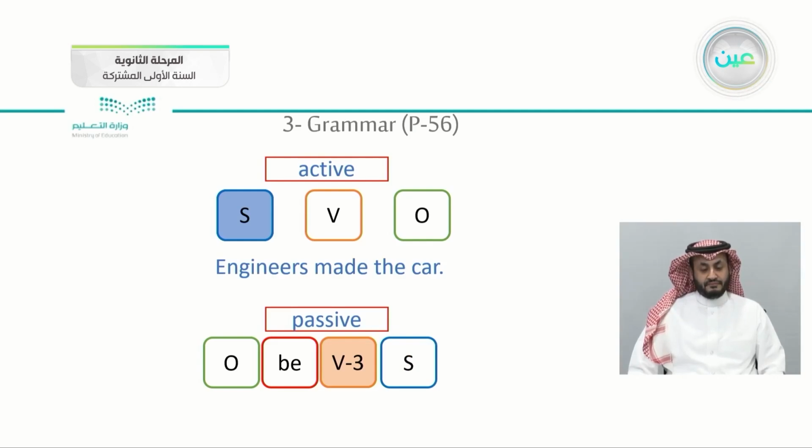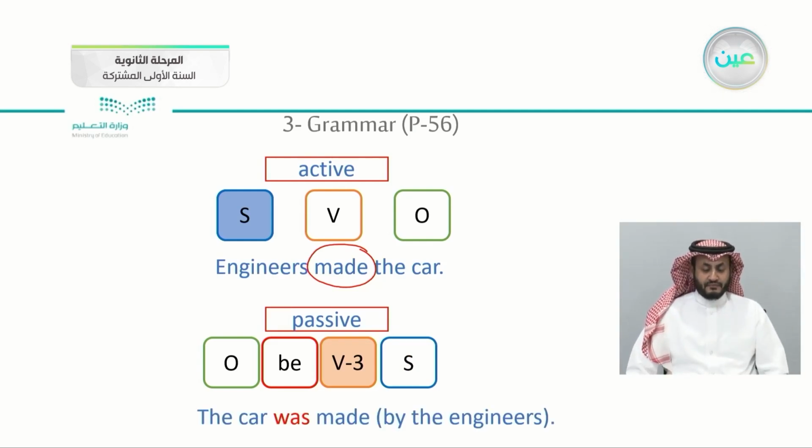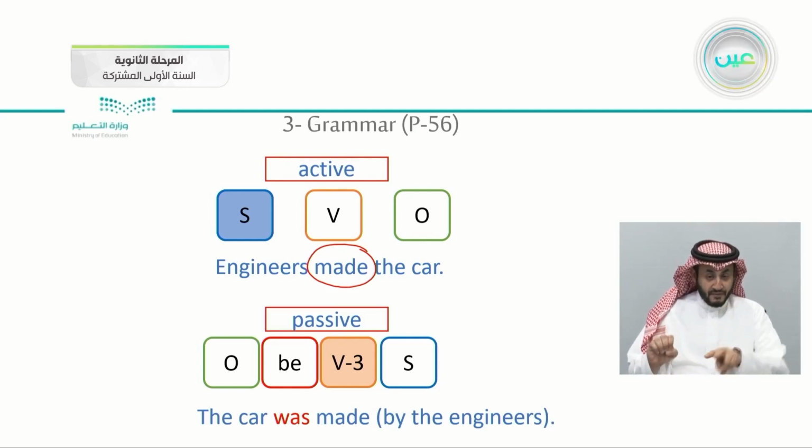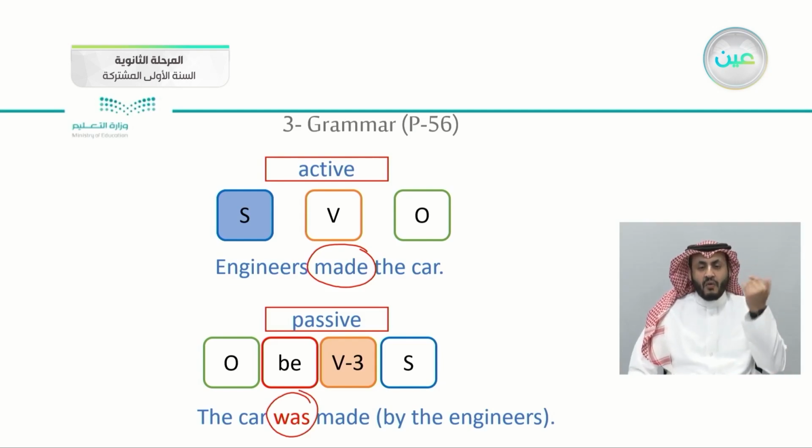Engineers made the car. Not make, they made it years ago. In the passive, the sentence will be the car was made. Notice this one is in the past, so that one will be in the past. Was made, and this one is verb number 3.